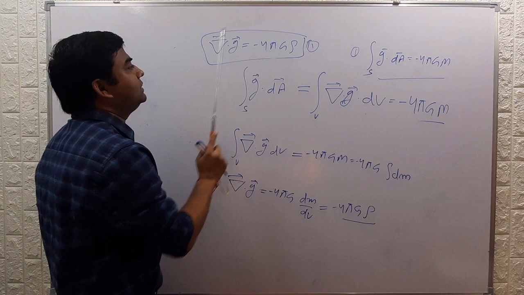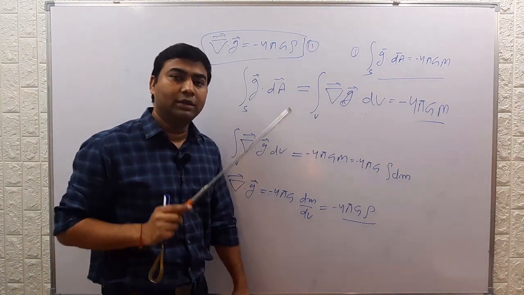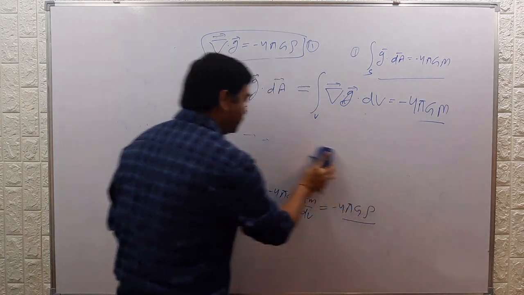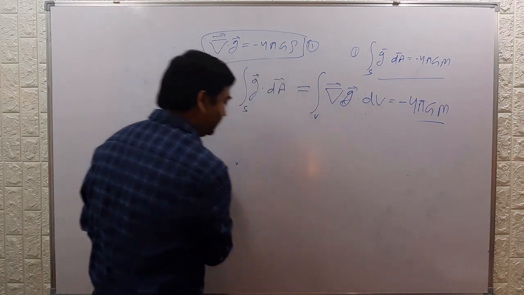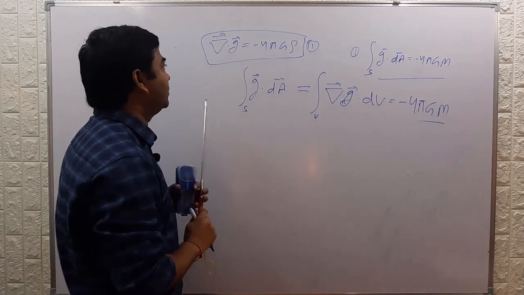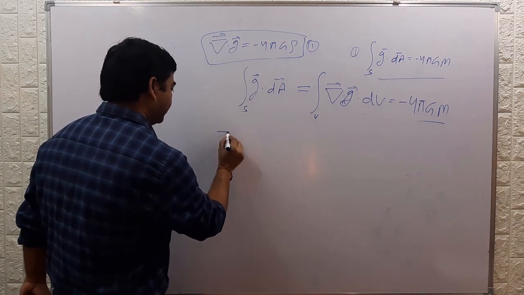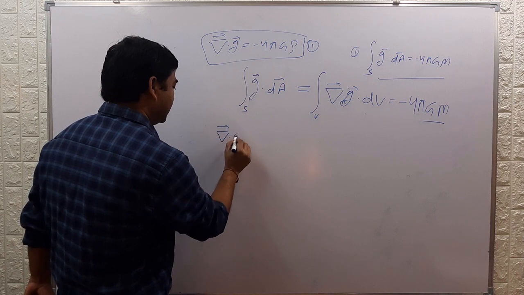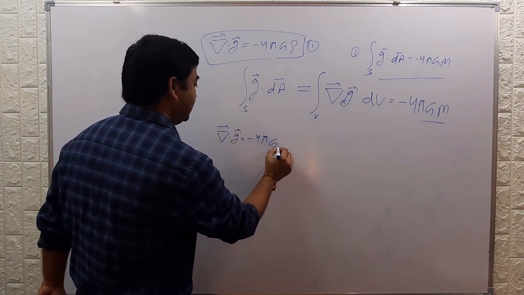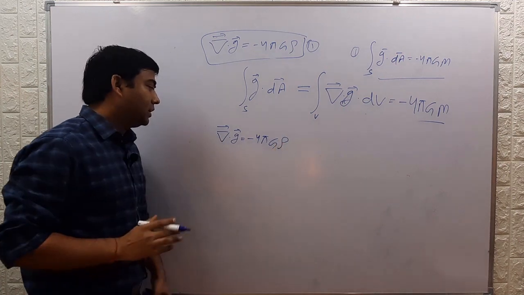Now we will slightly move ahead with the differential form of Gauss's law. Differential form of Gauss's law is this: divergence at a point is equal to minus 4 pi G rho.